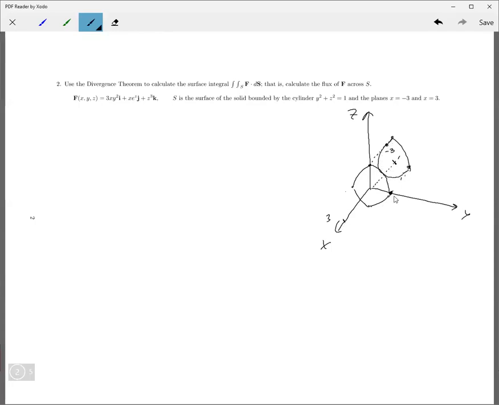And then when x is -3, you have another circle, and when x is 3, you have another circle. So you have basically this cylinder here that's laying on its side like that.